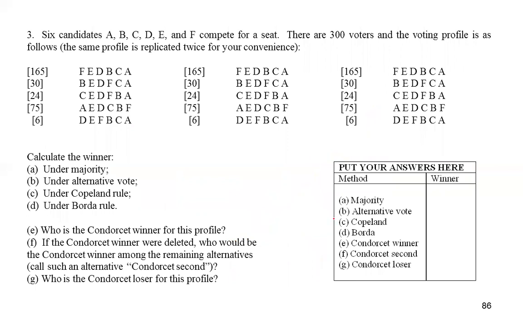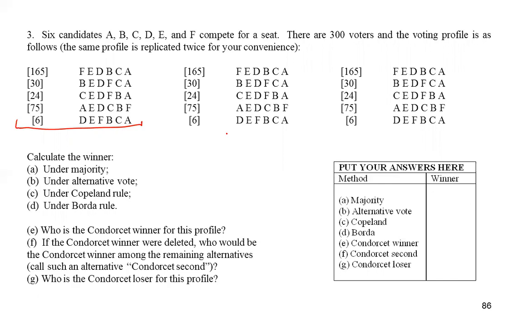Now our next exercise is of the sort that may appear on the midterm or the final. We have 6 candidates who compete for a seat and 300 voters. The voting profile is given here, and it is repeated twice in case you need to use it for calculating the alternative vote winner and to remove some alternatives, then you can have two spare voting profiles.